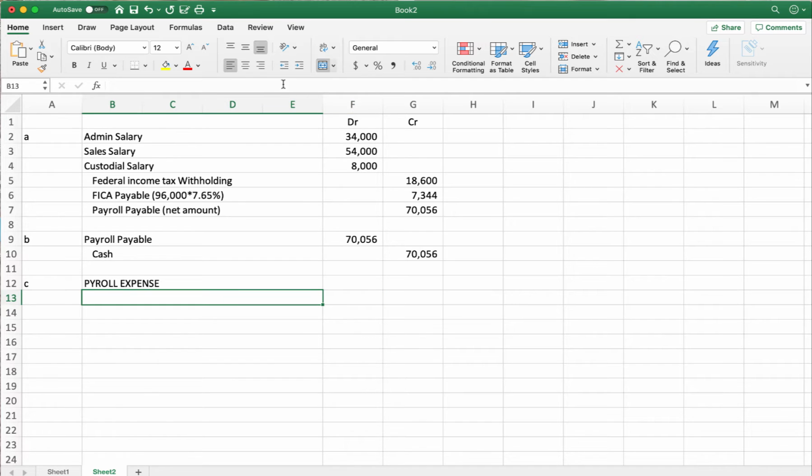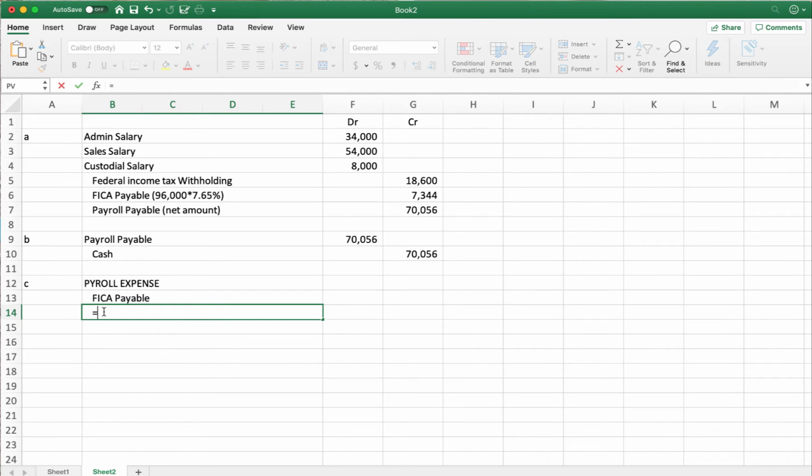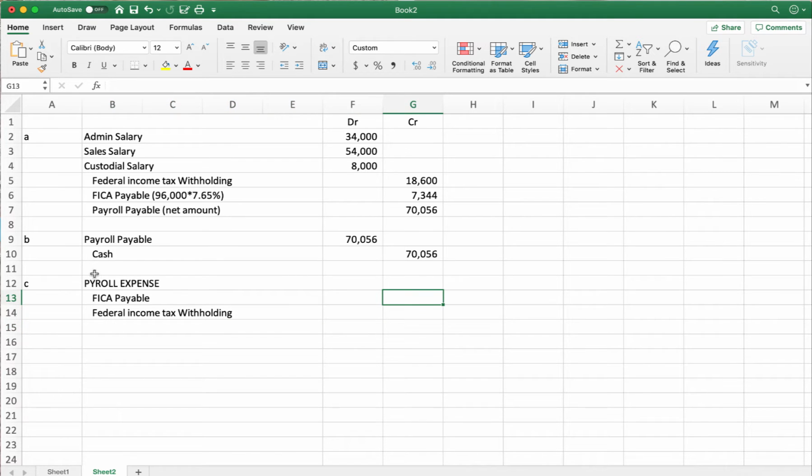Then I'm gonna have to credit my FICA payable. I'm going to have to credit my federal income tax withheld payable, right? So the FICA payable is the 7344.